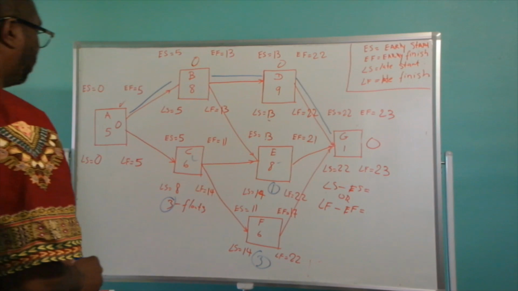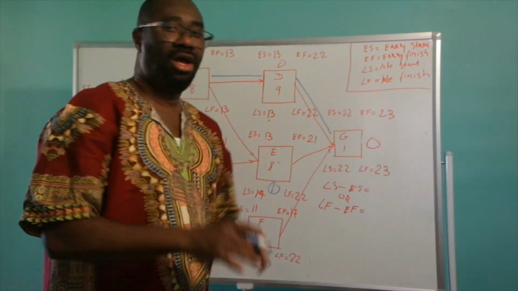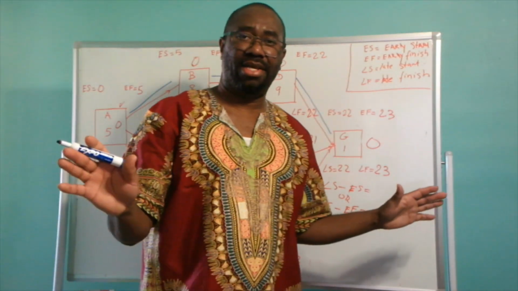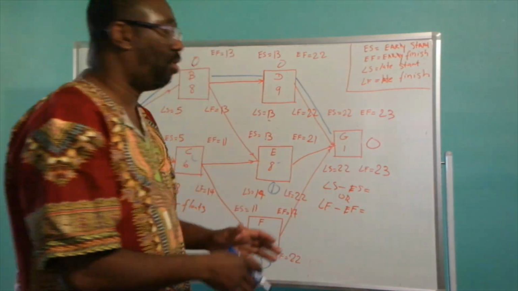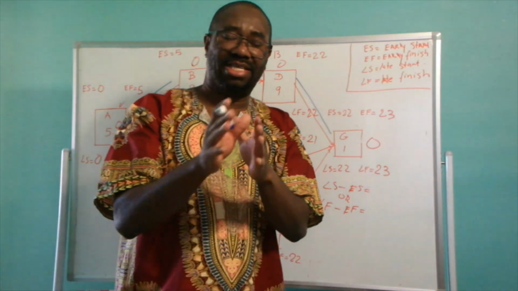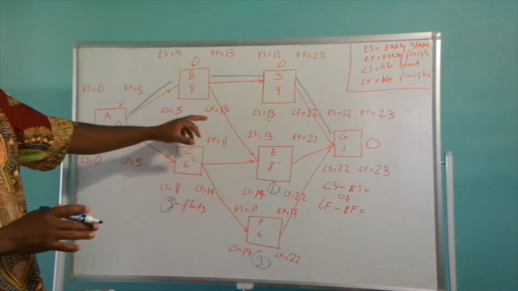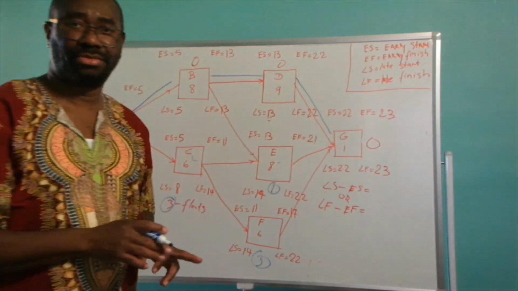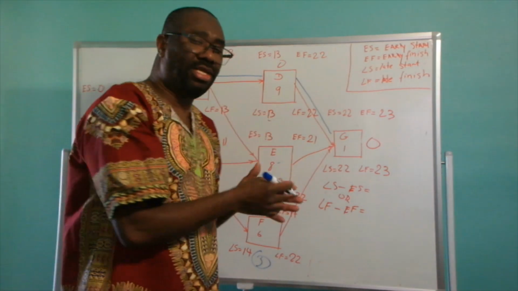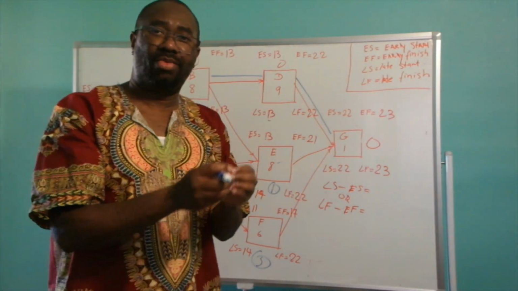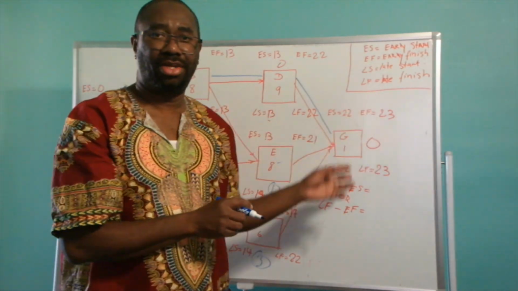So you notice activities C, E, and F all have floating days. They can remain for these amounts of days before the next activity starts. But activities A, B, D, and G are on our critical path. So those activities must complete within the specified duration for this project to finish in 23 days.